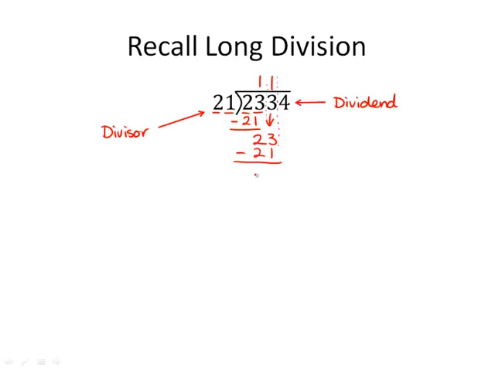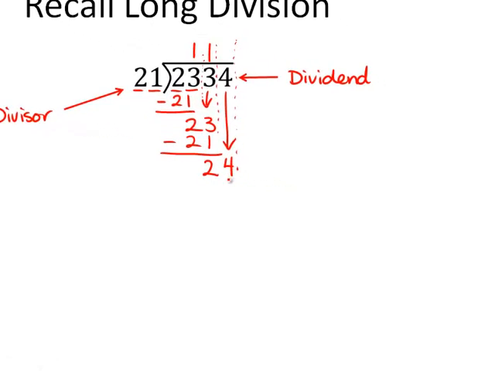Our tens column disappears because 2 minus 2 gives us 0, and 3 minus 1 gives us a 2. Now we can drop the next digit, 4. So now we're trying to fit 21 into 24 and placing the answer above the end of this number, which also goes in once. 1 times 21 and then subtract gives us a remainder of 3.